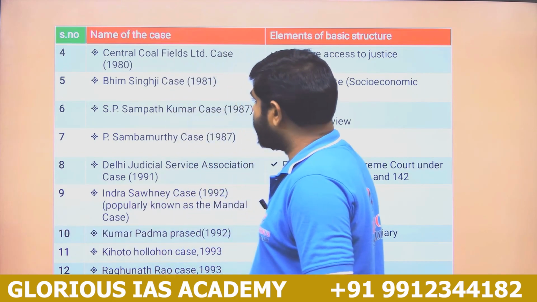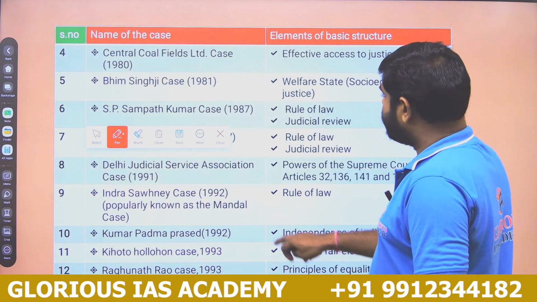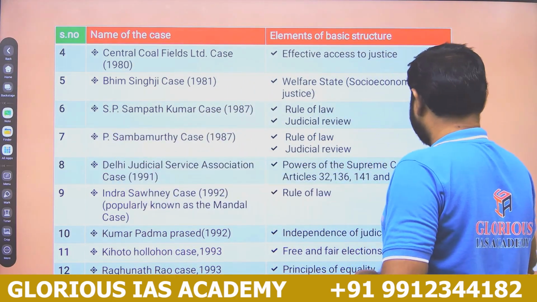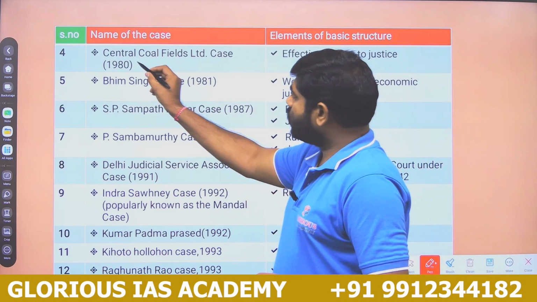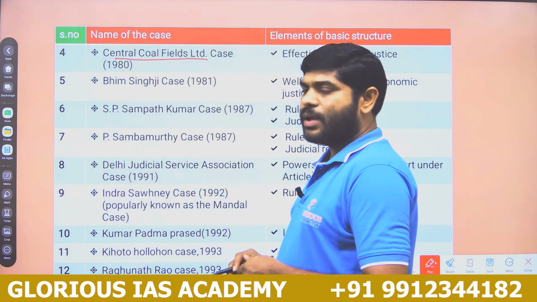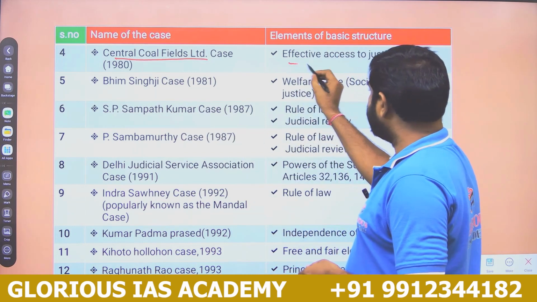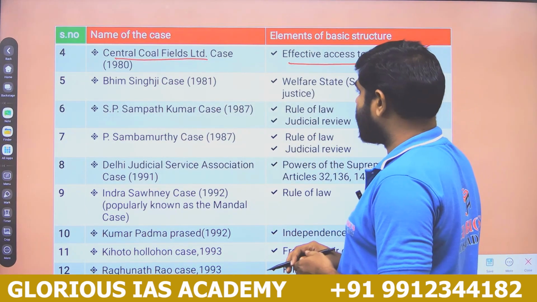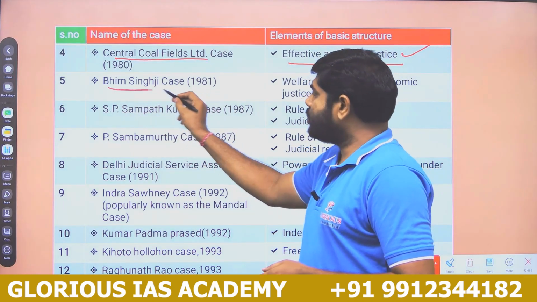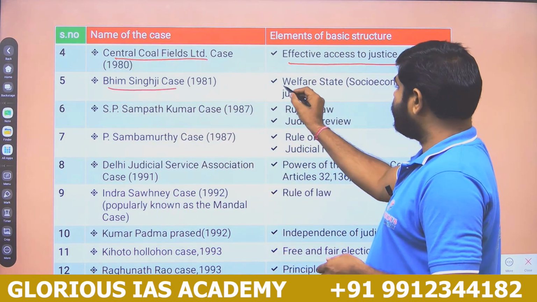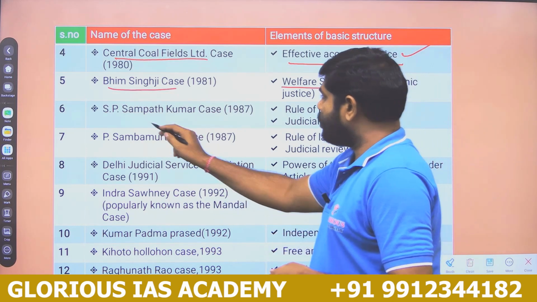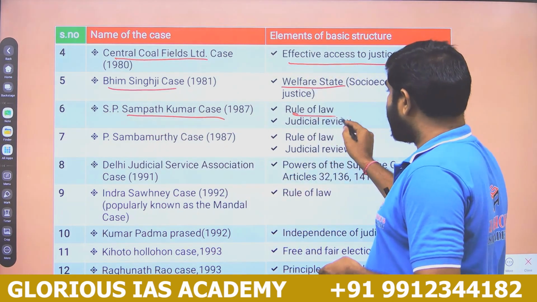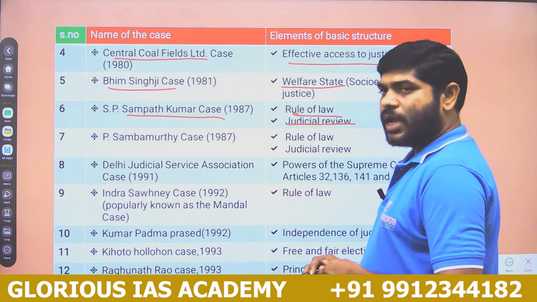There are a few more cases under which a lot of elements were included under the basic structure of the Constitution. The fourth one, Central Coalfields Limited case: effective access to justice. Under the Bhim Singhji case, the welfare state was included. In the Sampath Kumar case, rule of law and judicial review are included.